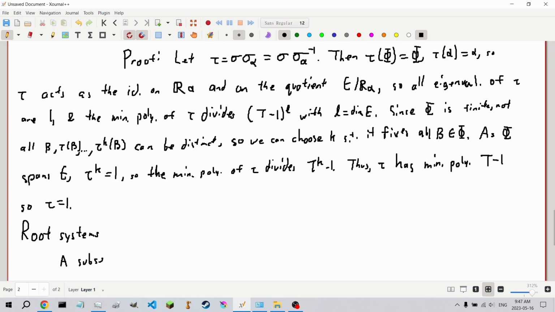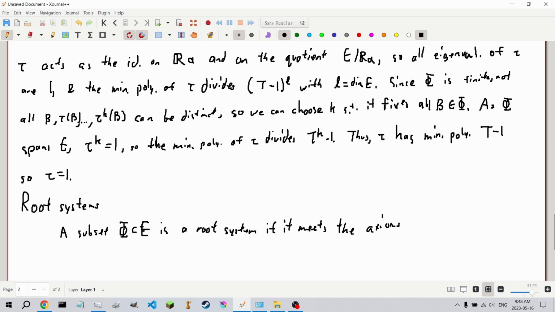A subset phi of our Euclidean space E is a root system if it meets the axioms. One, phi is finite, spans E, and does not contain 0.